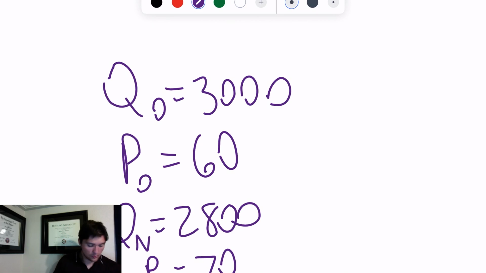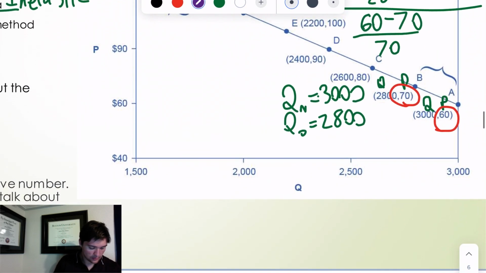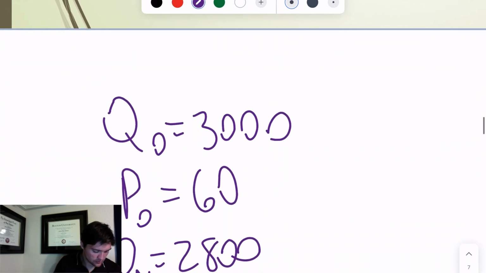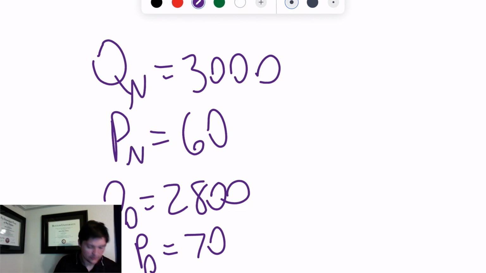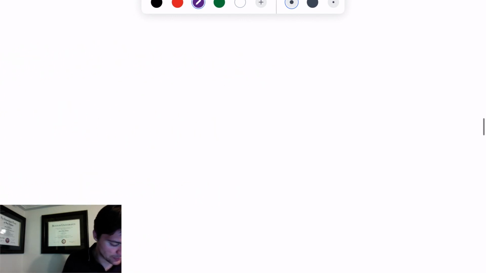So new and old. Sorry. Okay, now we're good. So now that we have those correct, let's do the midpoint method. Let me write down the midpoint method again.